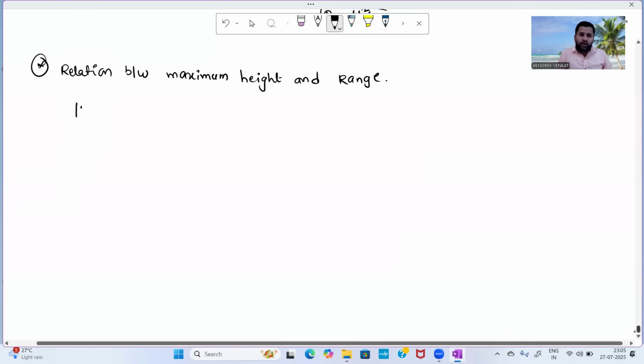So H max equal to, what is the formula? u square sin square theta by 2g. Right? And the range formula is u square sin 2 theta by g. So we are finding the ratio of these two. We can call them equation number 1 and equation number 2.